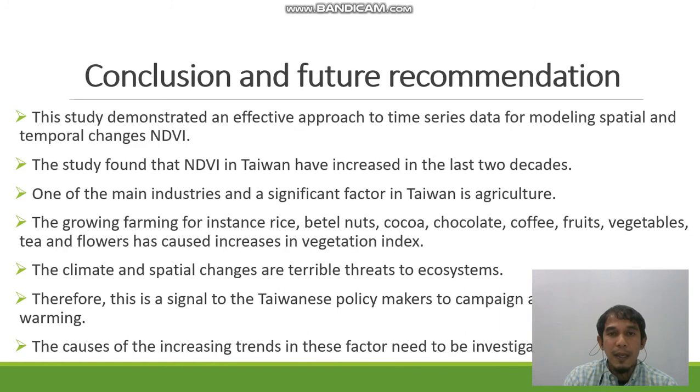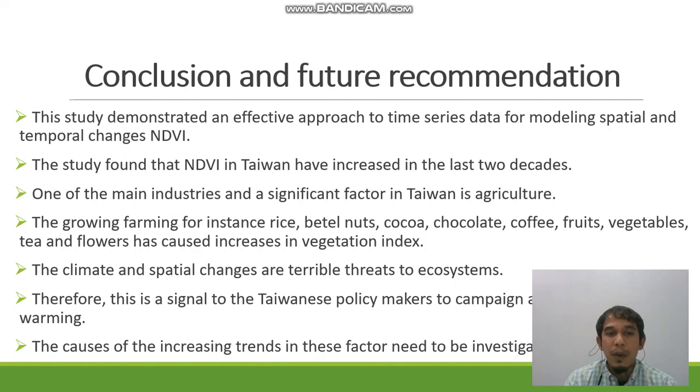For the conclusion and future recommendation, the study demonstrates an effective approach to time series data for modeling spatial and temporal change in NDVI. The study found that NDVI in Taiwan has increased in the last 2 decades. One of the main industries and significant factors in Taiwan is agriculture.